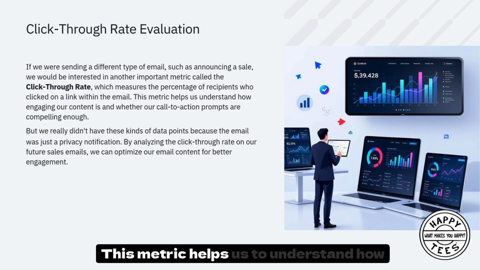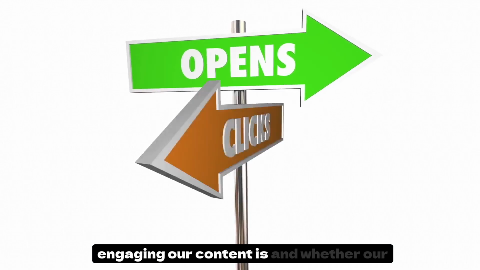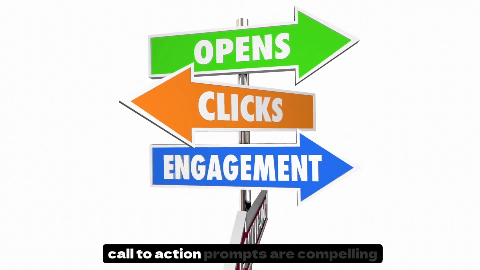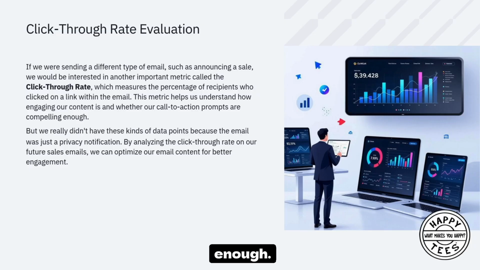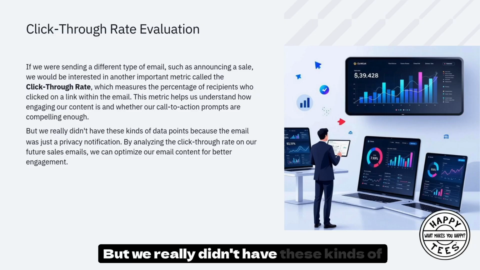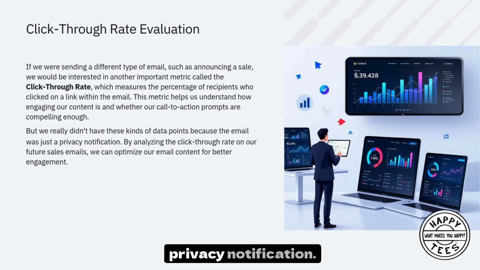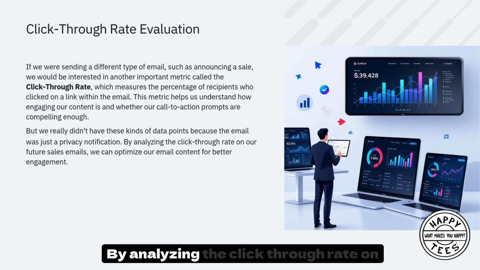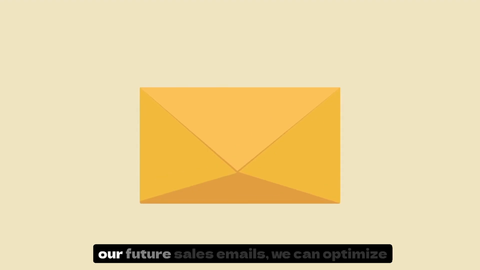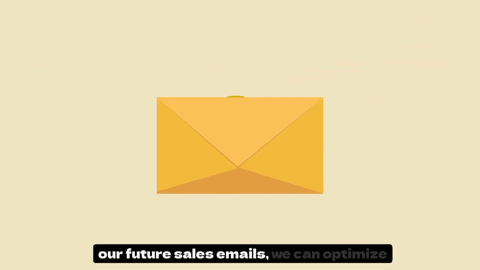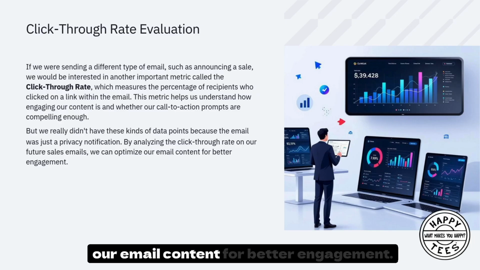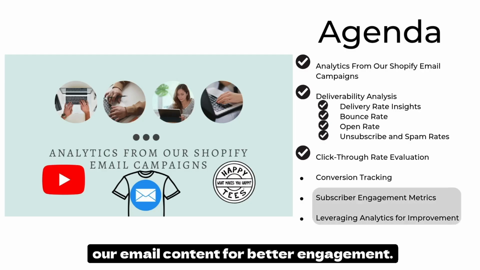This metric helps us to understand how engaging our content is and whether our call to action prompts are compelling enough. But we really didn't have these kinds of data points because the email was just a privacy notification. By analyzing the click-through rate on our future sales emails, we can optimize our email content for better engagement.